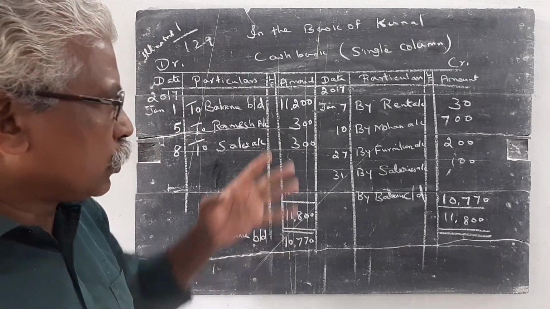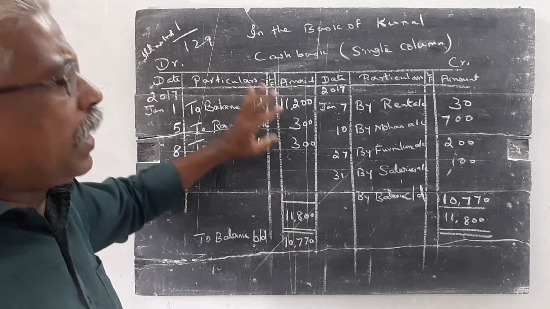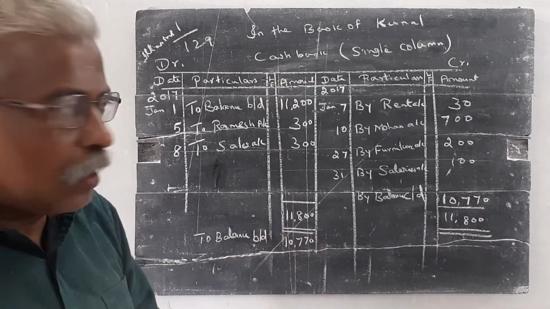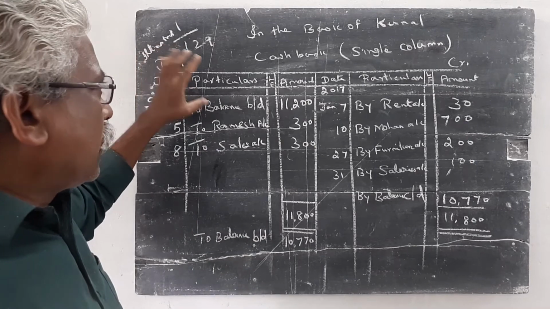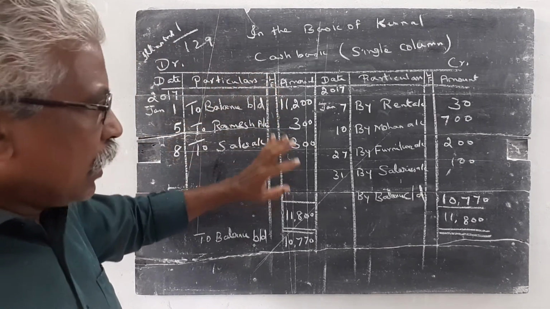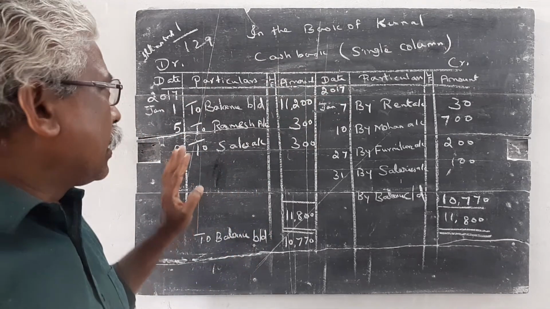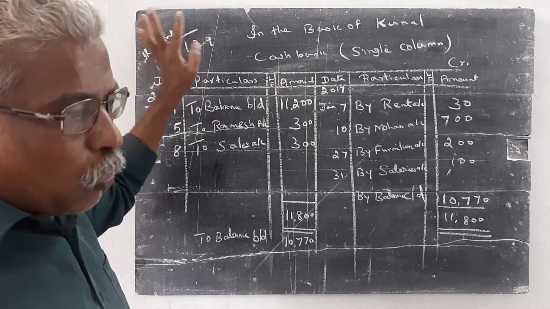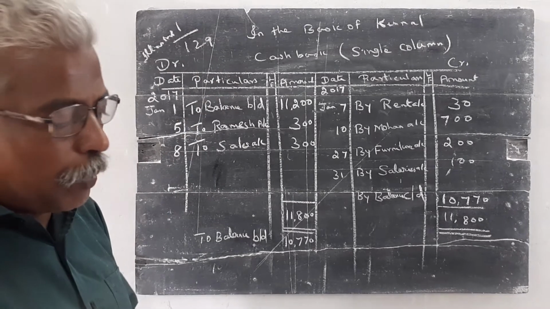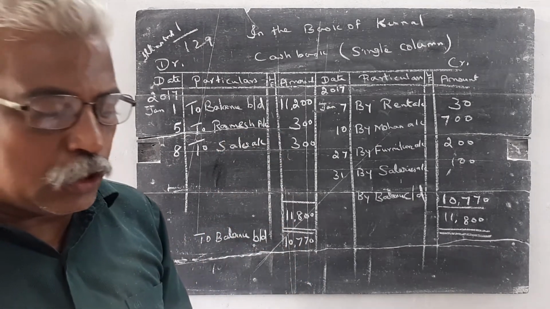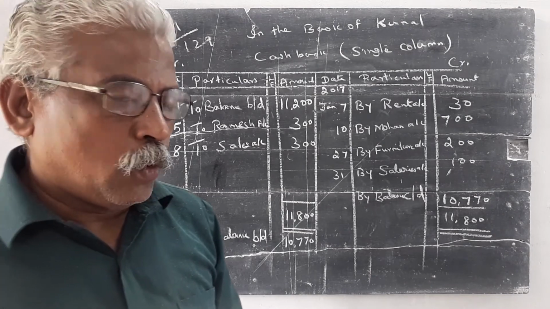In the textbook also the illustration is given in the same manner. I just copy it from the textbook, that's all. Then in problem number 1, page number 146, I prepared and I will explain it in the next video. So please refer to these two videos together. Okay, God bless you.